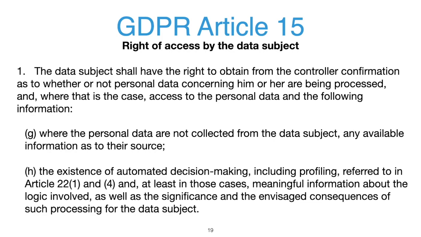Article 15.1(g) specifies that if the data wasn't collected by the controller from the data subject, then where did it come from? What's the source of that information? And then, yet again, we have information about the automated decision making and the potential consequences of that for the data subject.